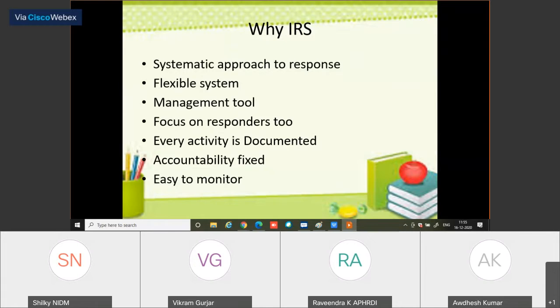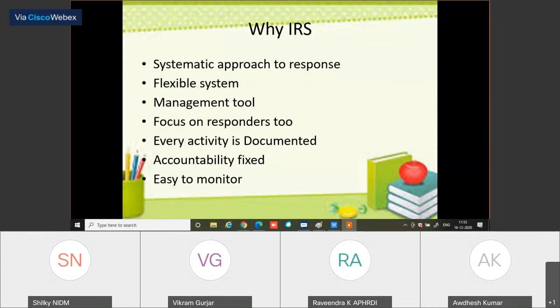Then we need to focus on responders too. We need to think about the responders, their well-being, their requirements, their rest and recoup, and various other factors associated with their conditions while they are busy dealing with the disaster situation.